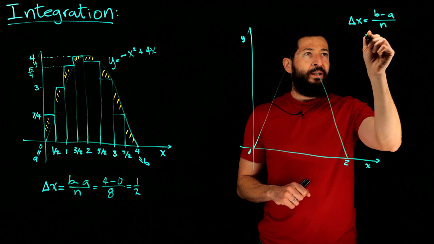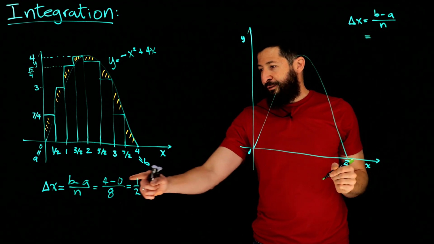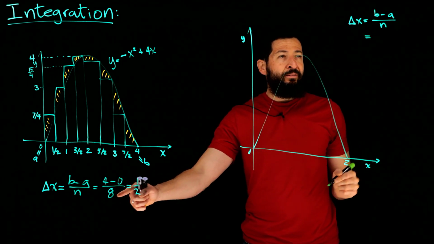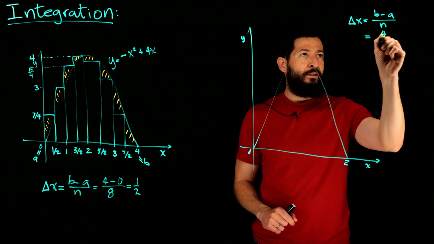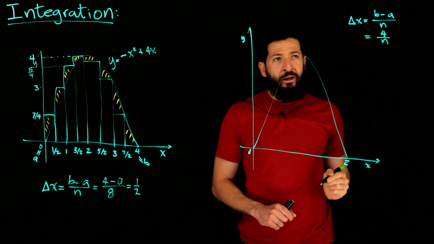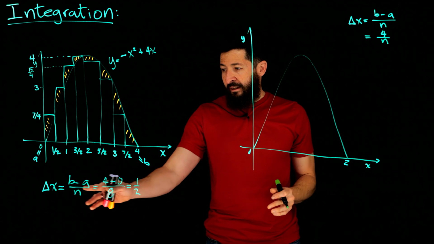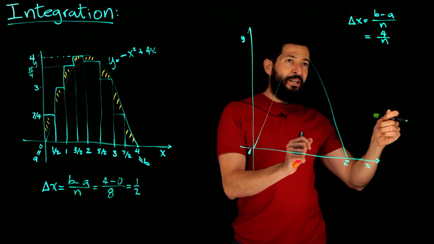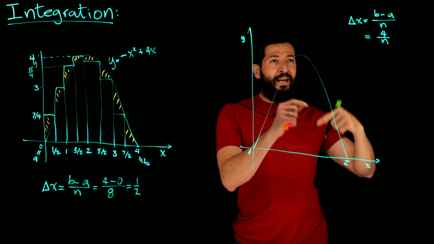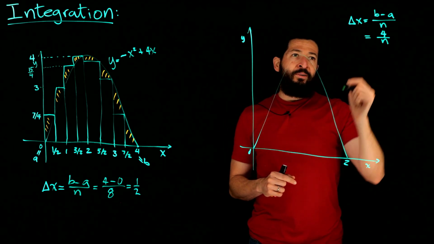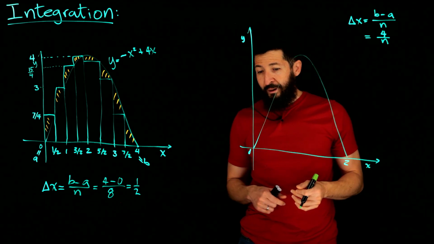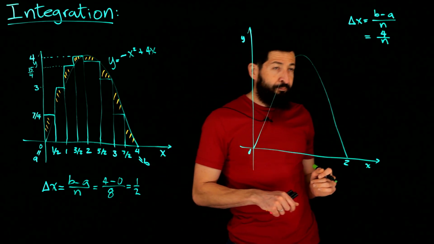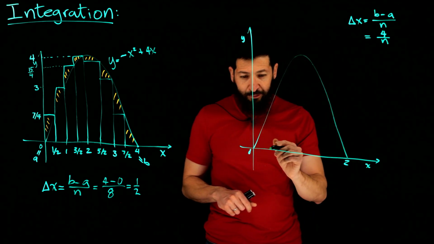I'm just going to be picking my 4 minus 0, but I'm going to leave n as n. All right, so you see now the delta x, the width of the rectangles that I'm going to be multiplying every time, because I do width times height and I add them, is already a function of n. So we already have a dependence on n built in, but more is true.